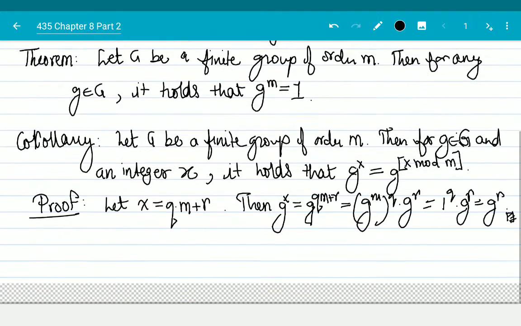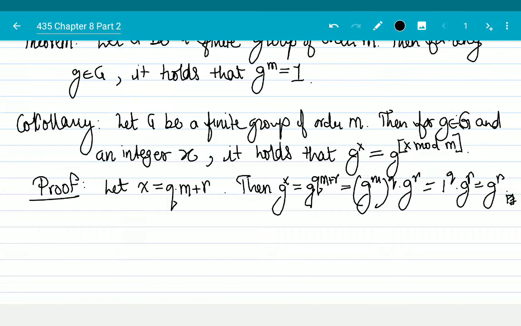And this is great because this can be used for efficient computation of exponentiations. Right?